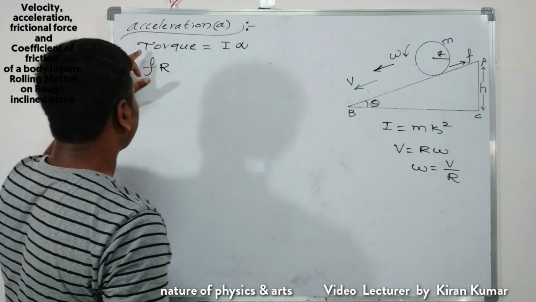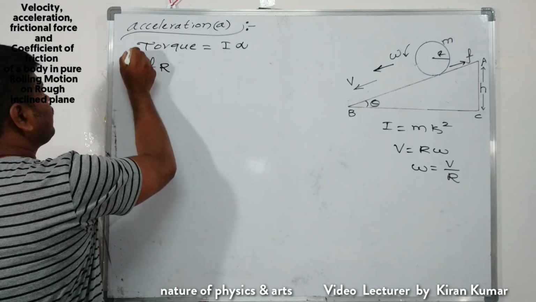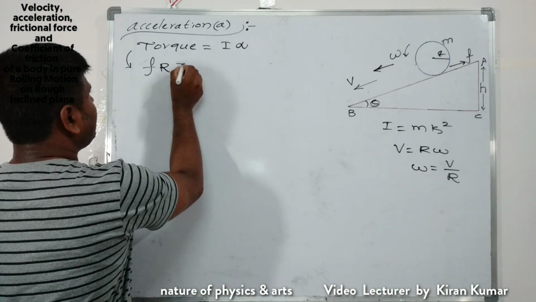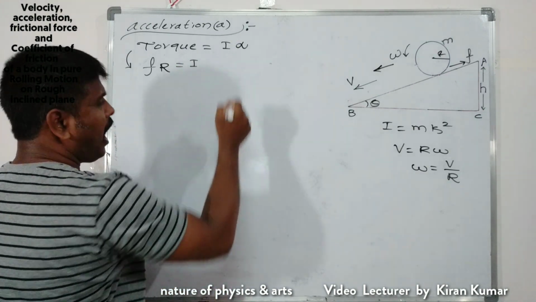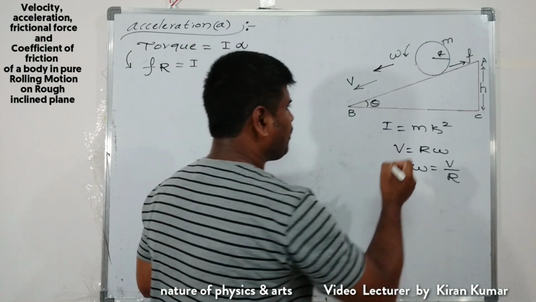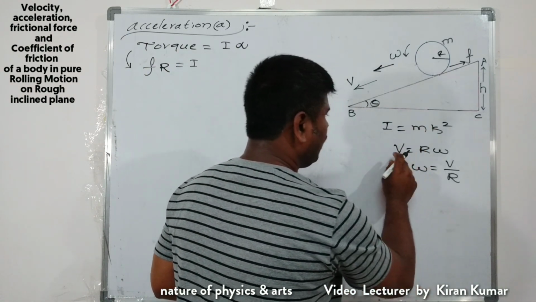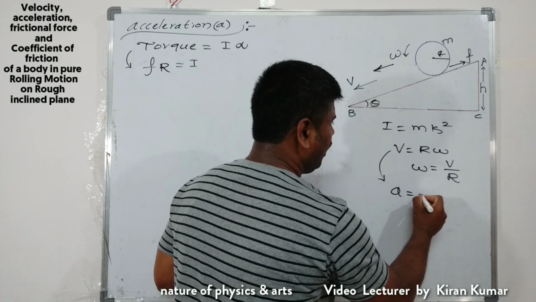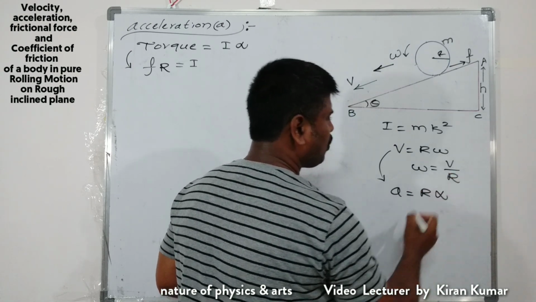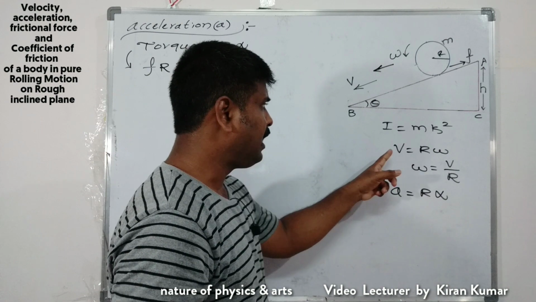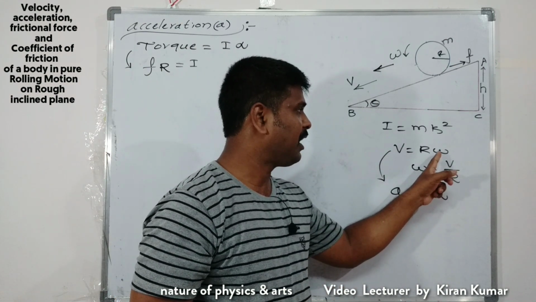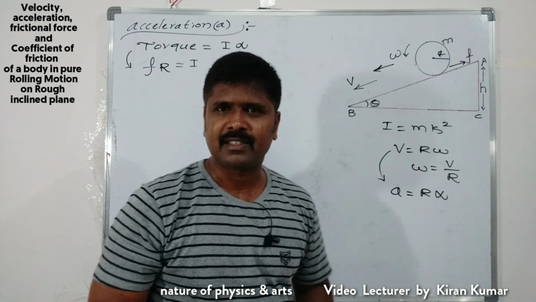We can write directly torque is equal to Fr, and for Iα, we have to replace the value from this equation. The rate of change of velocity is called acceleration, which is equal to r into α. The rate of change of linear velocity is called linear acceleration. The rate of change of angular velocity is called angular acceleration.